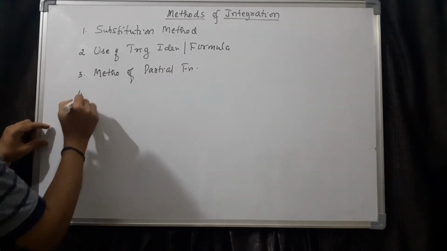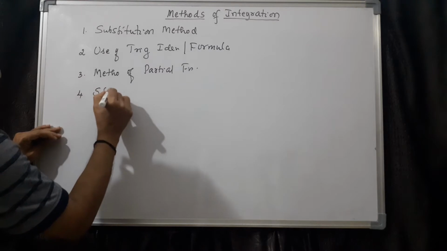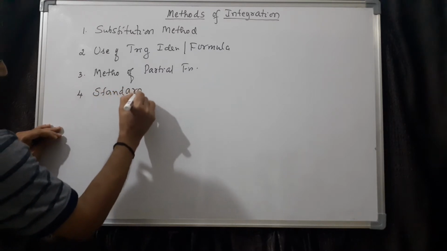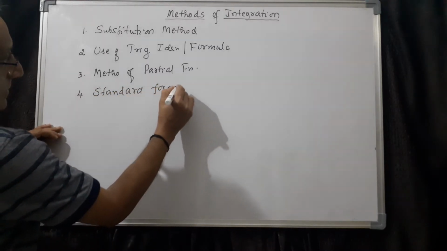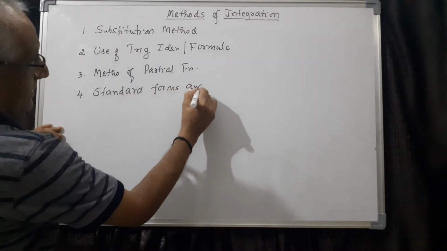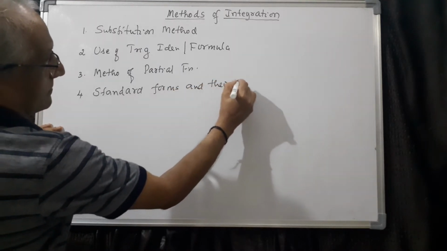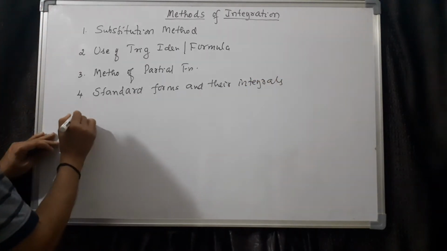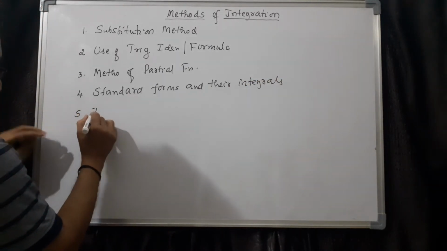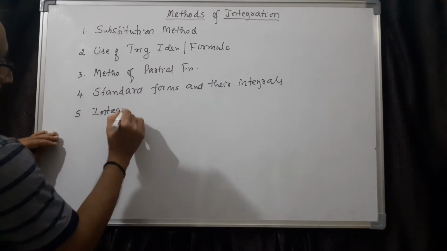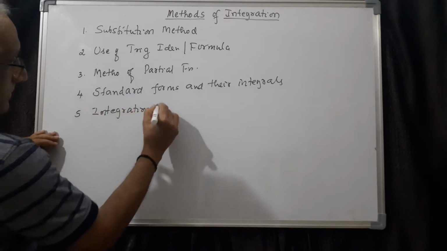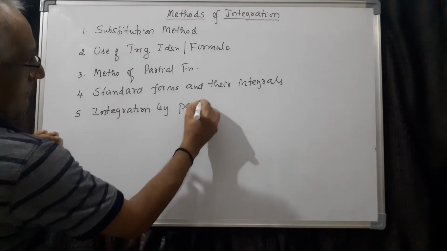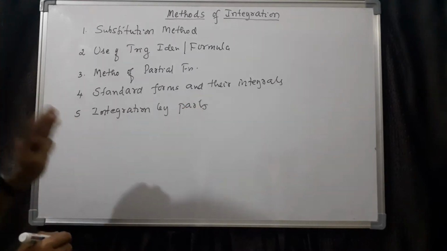And the fourth one is standard forms and their integrals. And the last one is integration by parts. So these are the five major methods.